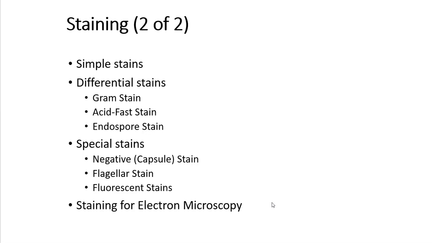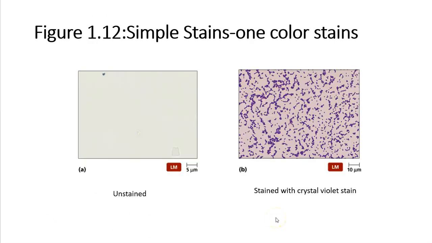Okay. The simple stain, as I mentioned, is only one simple thing. It is one color. That's all we can look at. And when you look at a simple stain, yes, I can see cocci, and I can see them singly.